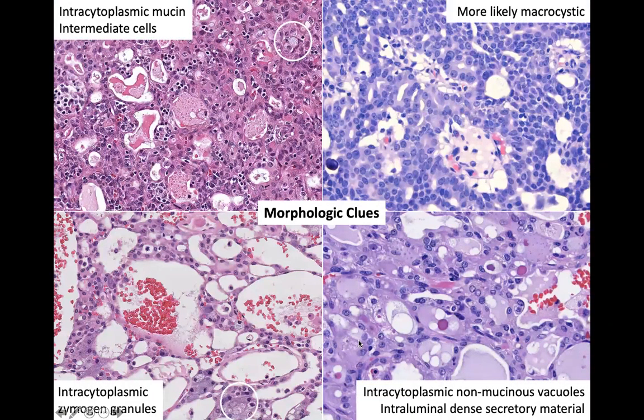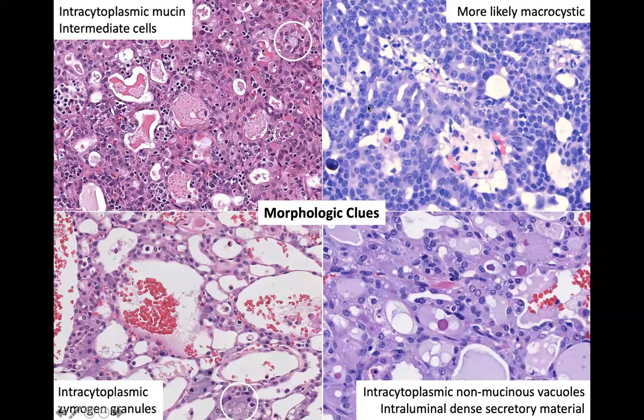So the morphologic clues here are, in the top left, we have cells that maybe show a hint of intracytoplasmic mucin. On the bottom left, we show cells that maybe have more purple zymogen-like granules. I know the mucin and the zymogen granules can sometimes look similar, but I'm telling you, these are more granular.